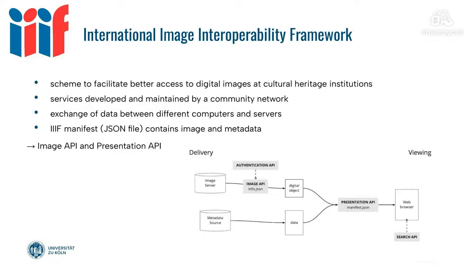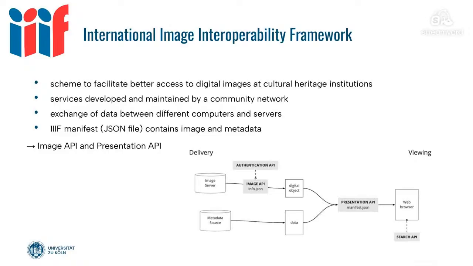Just shortly, I already announced that I will be quickly talking about the International Image Interoperability Framework, which is a scheme to facilitate better access to digital images at cultural heritage institutions and to overcome silos, because many institutions use different software, different viewers, and they are not compatible. So it is not possible to simply get the data and put it in your own viewer and compare images.